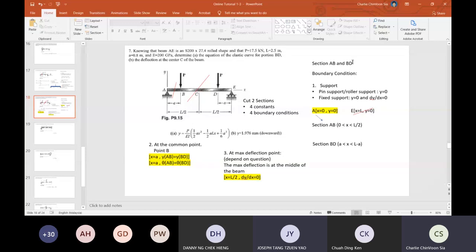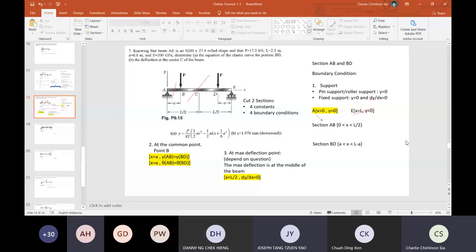Basically, by the section method, we only need to consider 2 sections, no need to consider 3 sections. For a complex question, we will use the singularity function method. But we won't ask you to use the section method with 3 sections or 4 sections, as it's really time consuming.